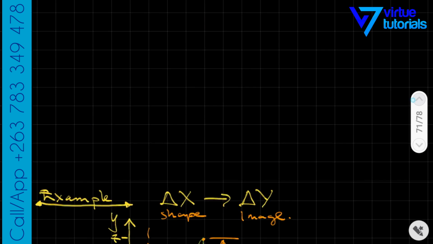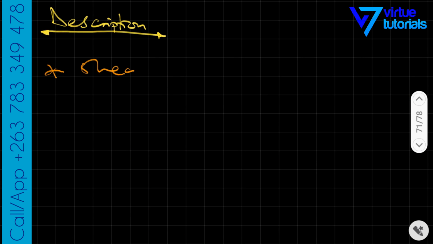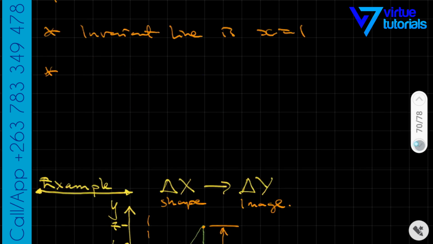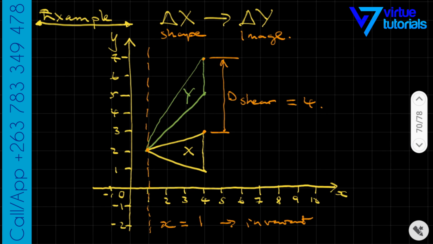So we can already say that, for the description, this is a shear, and our invariant line is x is equal to 1. Maybe this is not the clearest diagram, but it's x is equal to 1. So now we want to calculate our shear factor. To calculate our shear factor, we need to look at the distance of shear and then the distance of sheared point to invariant line, which is 1, 2, 3.